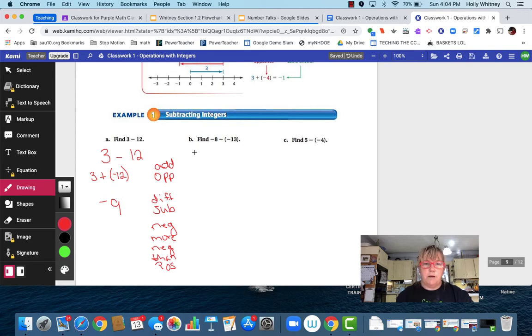We have -8 subtract a -13. The first step is to add the opposite. So we have -8, change that to addition, and we change the -13 to a +13 because that's the opposite. They're different signs, so we subtract. 8, 9, 10, 11, 12, 13. That's 5.